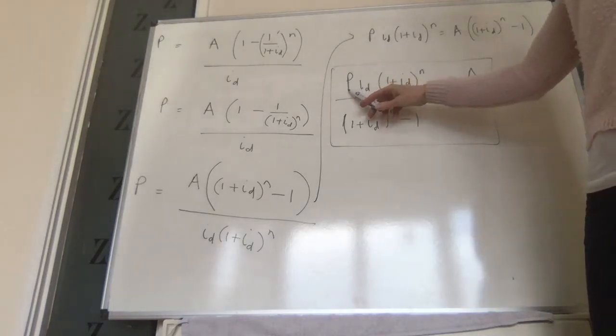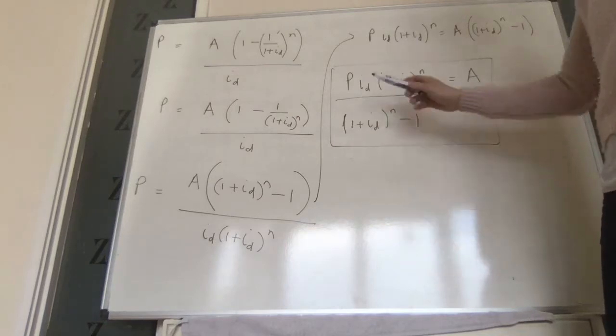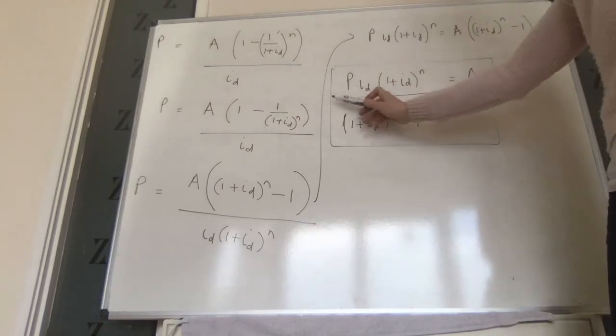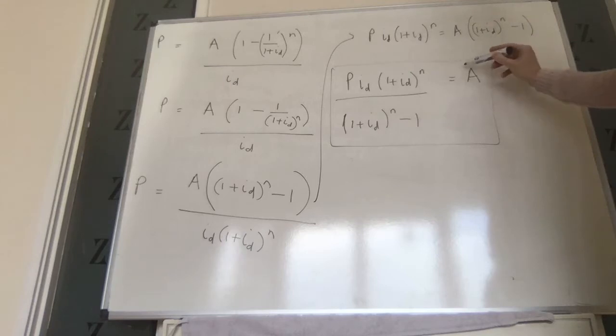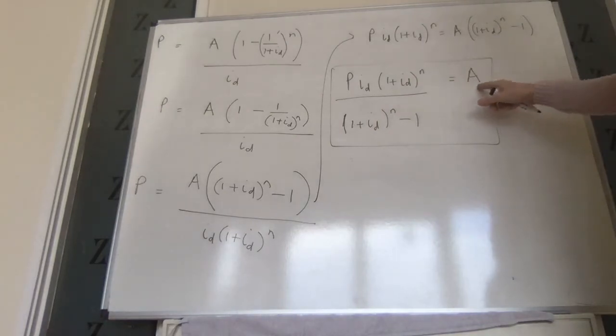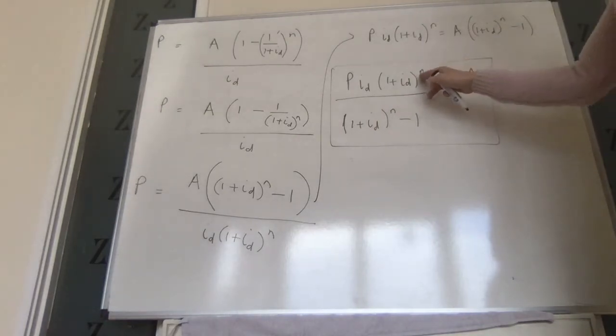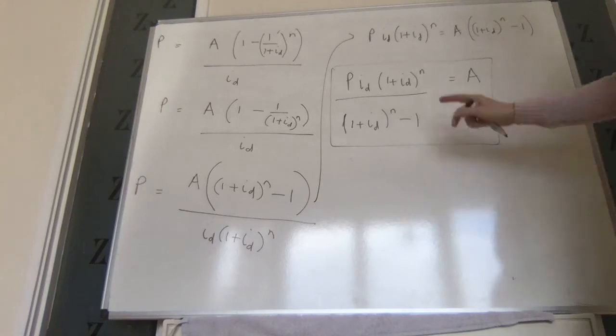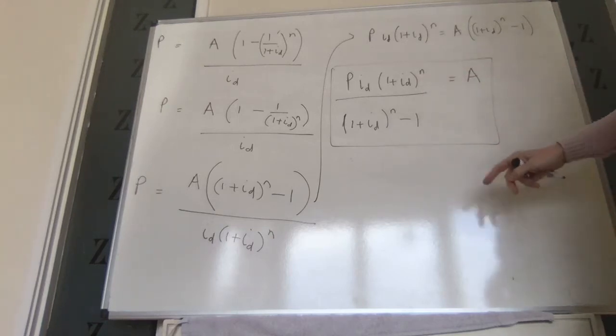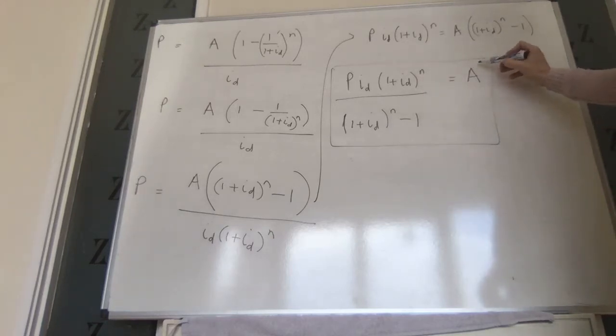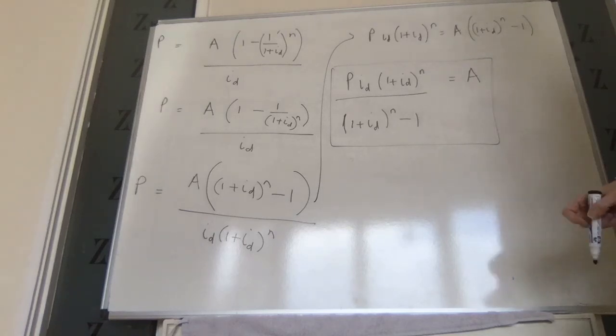You need to know the amount of money that you're borrowing, and then you put it into this formula, and that will give you the value of every payment that you need to make, over n time frames. Okay, so that's your monthly repayment, or your weekly repayment, or your yearly, whatever time frame you want to pay the loan back over. Okay, then we'll do a couple of questions next, I think.